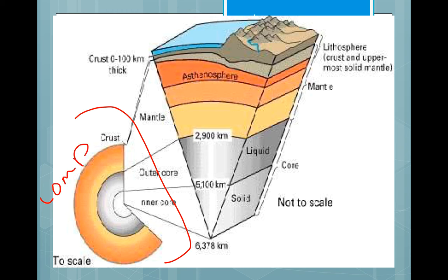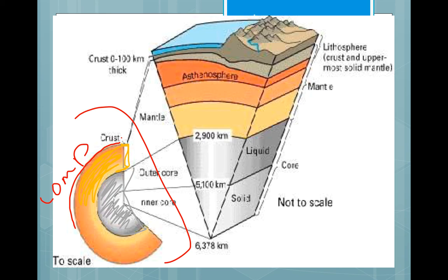That's the layers of the Earth strictly classified on what they are made out of. You've got your crust, a really thin layer. You've got your mantle layer, which is made out of a different substance. And then you have your core made out of iron.